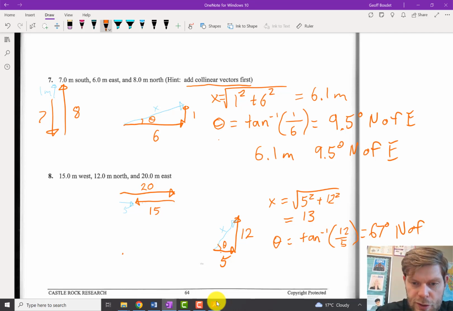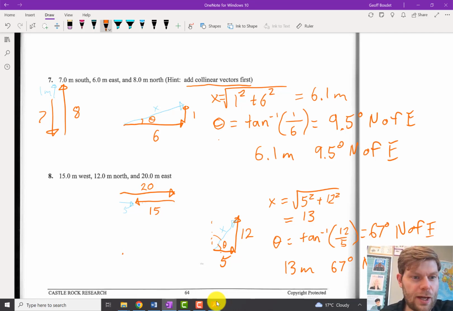Notice it is touching the east line and north of it. Again, if you drew your triangle differently, you might be reporting whatever this angle is, I guess 23 degrees east of north. So put them together, we got 13 meters at 67 degrees north of east.